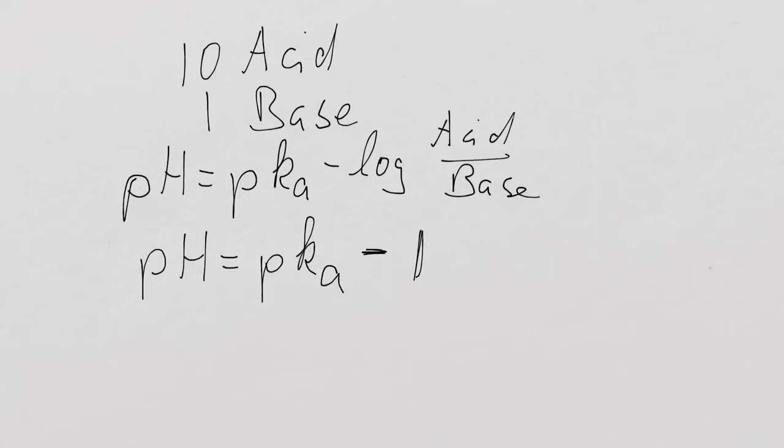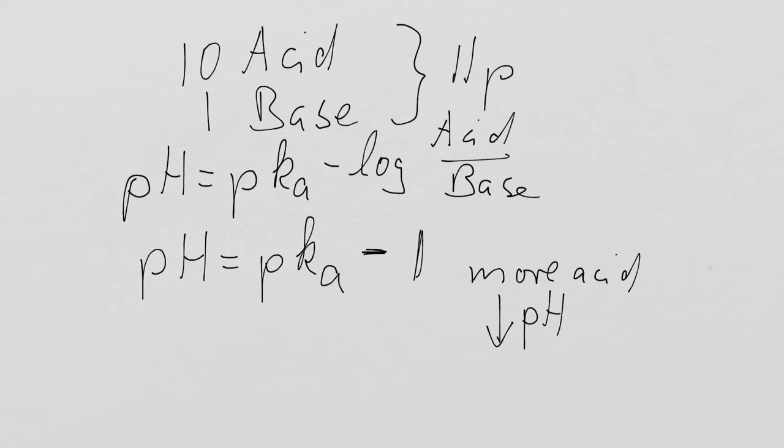You add more acid, and therefore the pH goes down. Does that make sense? How many parts actually do you have in your drink? 11 parts, yes? That's quite important. We have together 11 parts. Don't forget that. It's 11, not 10.